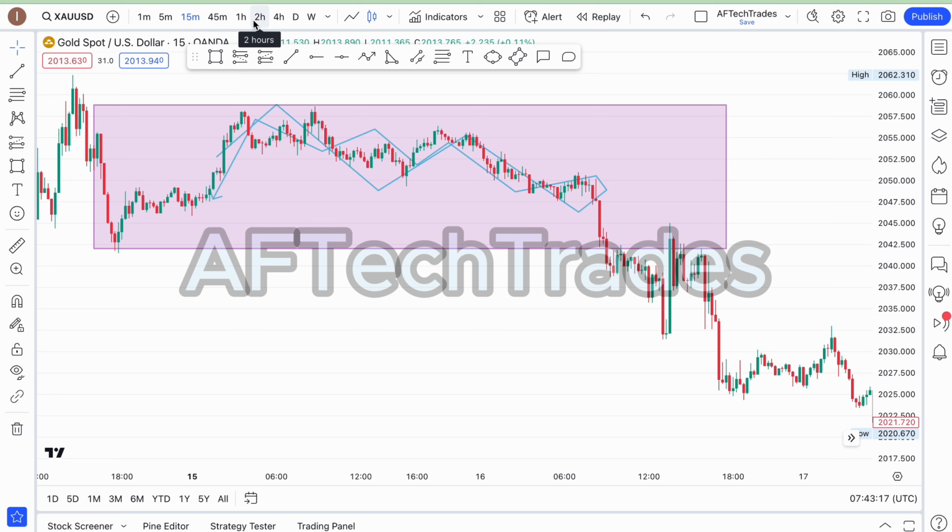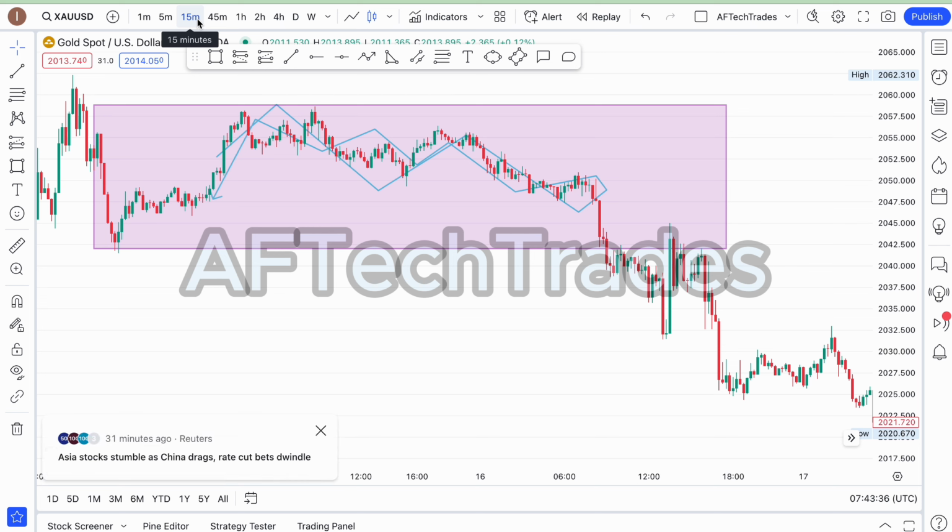If you are a long day trader, you can use it in a higher time frame. But if you are a scalper, you can just use a smaller time frame. But make sure you take out your profit almost immediately after the breakout, taking just a few pips.